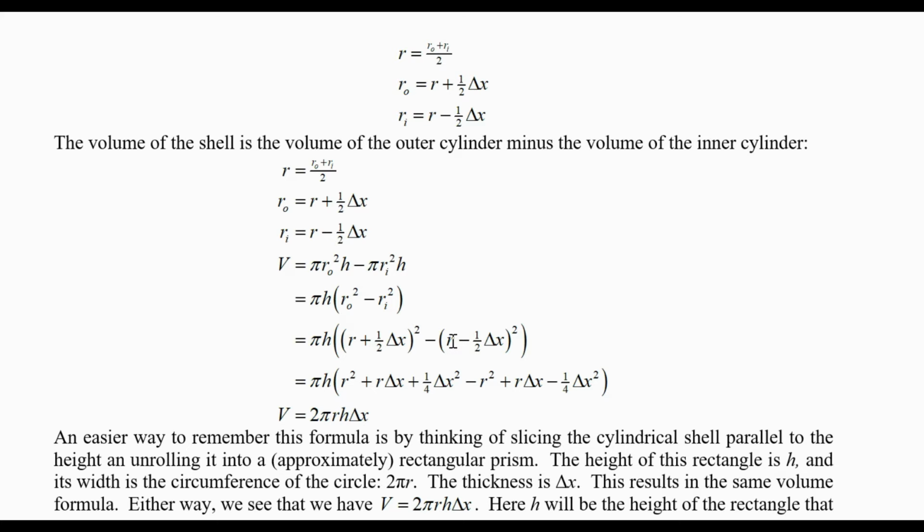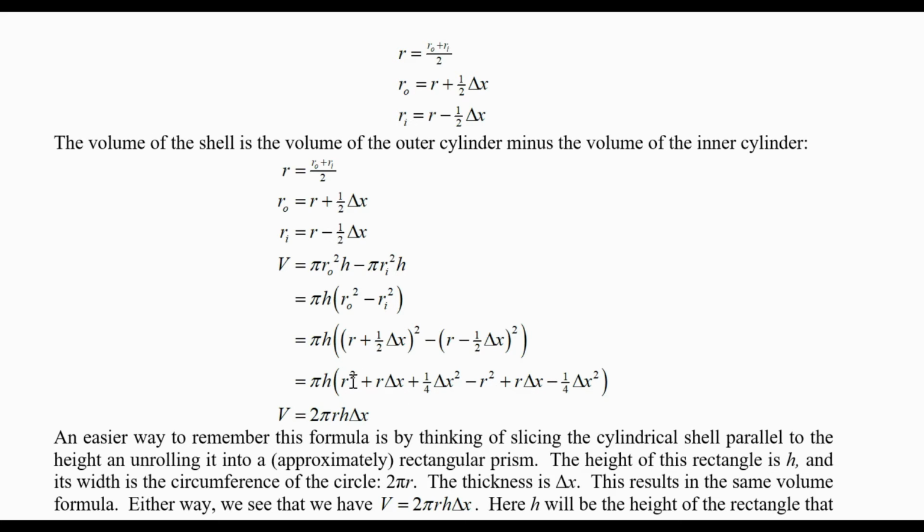Over here it's very similar. R squared, you square it, you get r squared, but that minus right there makes it negative. You square the last term, which would be positive, 1/4 delta x squared, but then that minus makes it a negative. And then you multiply, which is going to give you a negative middle term, but then that negative makes it a positive middle term. Multiply and double it, you get r delta x.